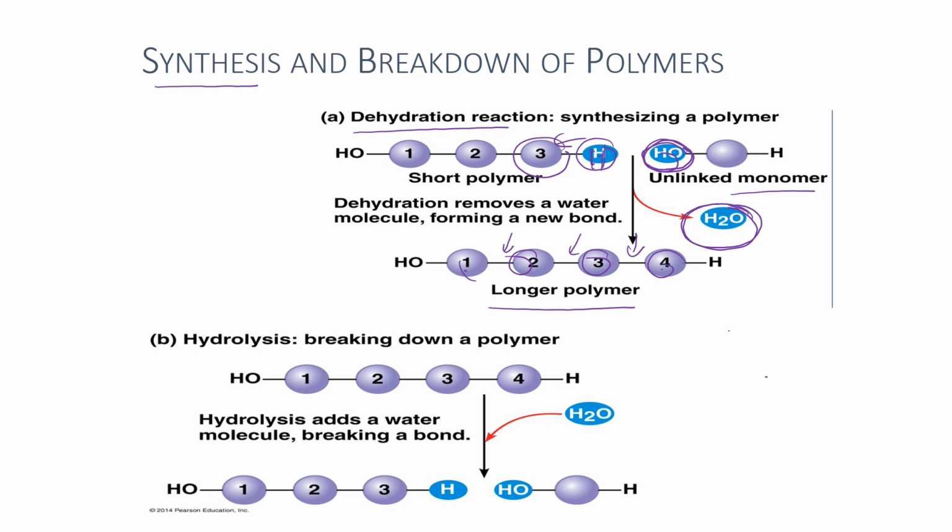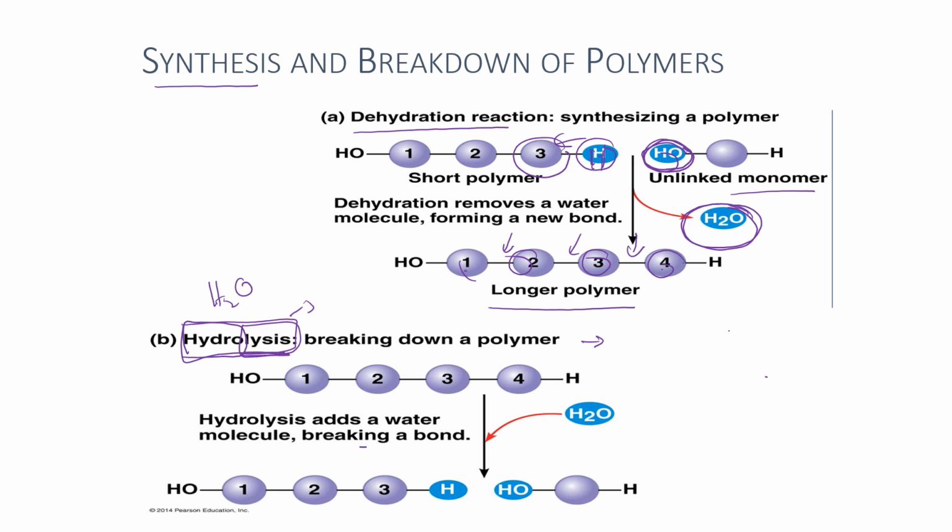Once you have a polymer, the process of breaking down the polymer into monomers is hydrolysis. From the name, hydro indicates that the reaction requires a water molecule, and lysis means breaking chemical bonds between the monomers.